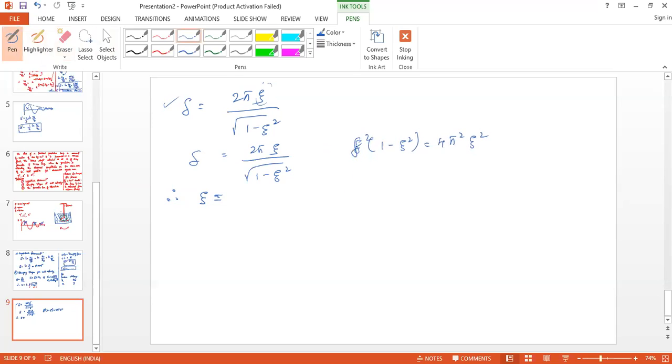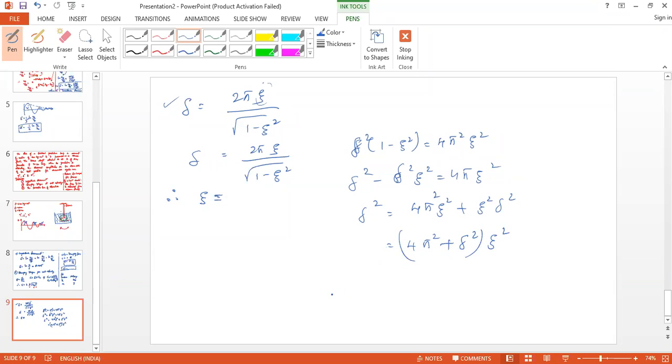Delta square minus delta square zeta square is equal to 4 pi square zeta square, or delta square is equal to 4 pi square zeta square plus zeta square delta square, that is equal to 4 pi square plus delta square multiplied by zeta square.